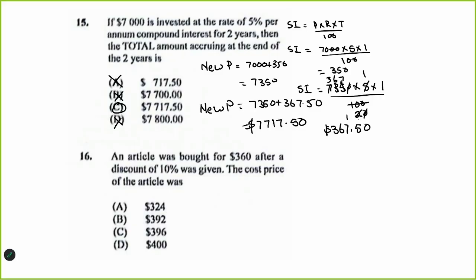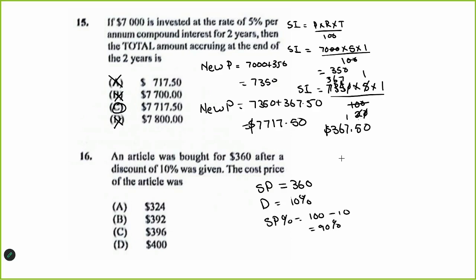Right, number 16, the article was bought at $360 after a discount of 10% was given. The cost price of the article was, so we know the selling price was $360. Your discount is 10%, right? Your selling price percentage would be 100 minus 10, which is 90%.